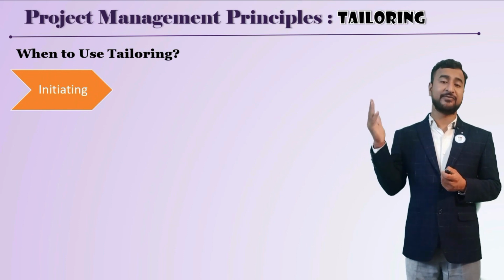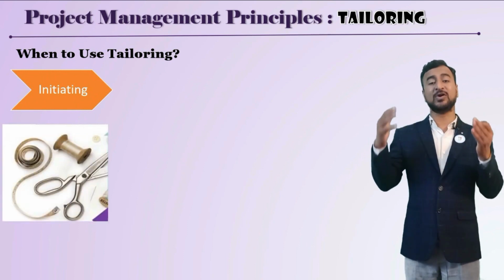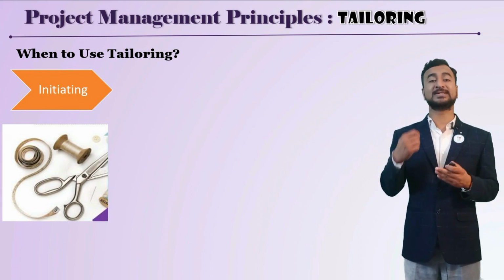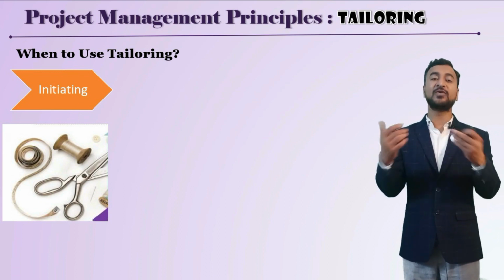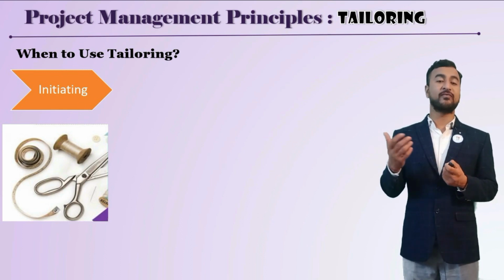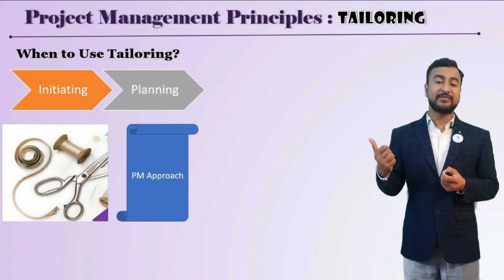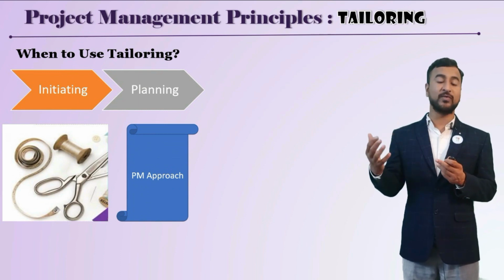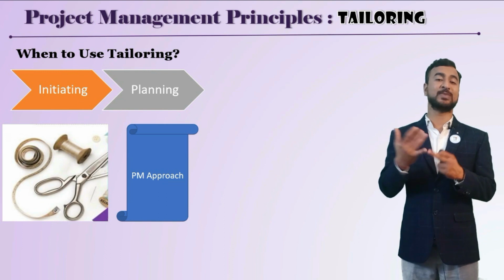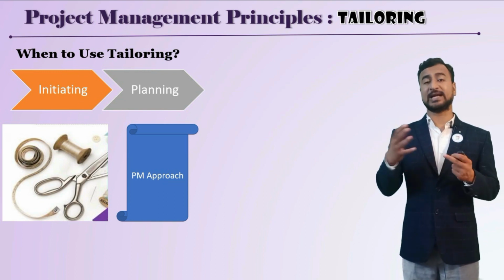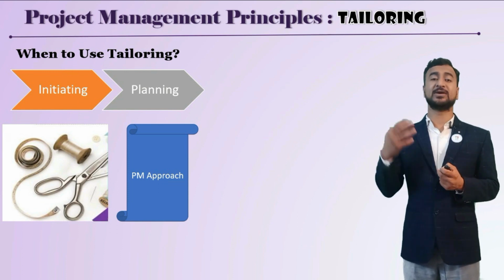For example, in the project initiation stage, the tailor decides the best-suited shirt for you, just as we tailor-make things instead of using one size for all. In the planning phase, you decide what project management approach you want to go with, whether PRINCE2, PMP by PMI USA, or TOGAF.